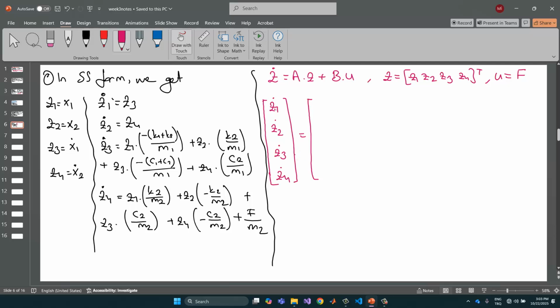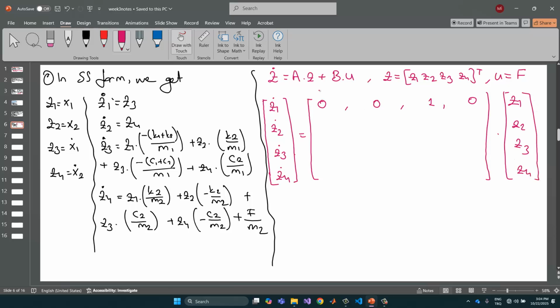First of all, Z1 dot, which is equal to what? 0, 1, 0, 0, like these terms, but with the multiplication of Z1, Z2, Z3, and Z4, right?